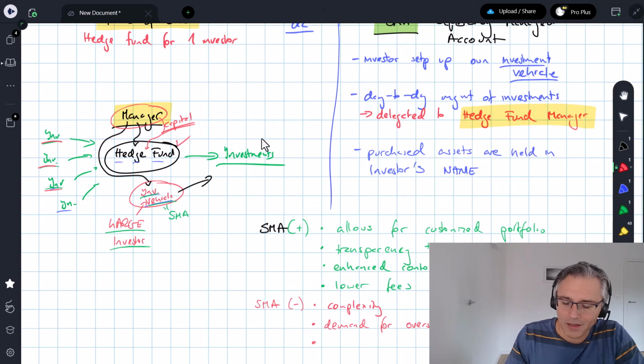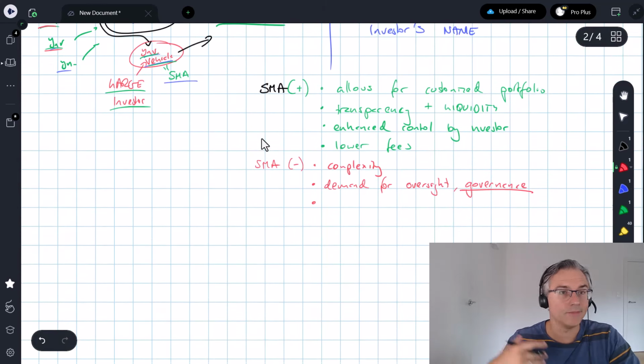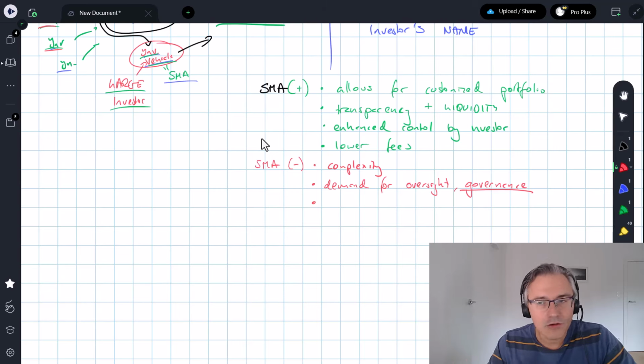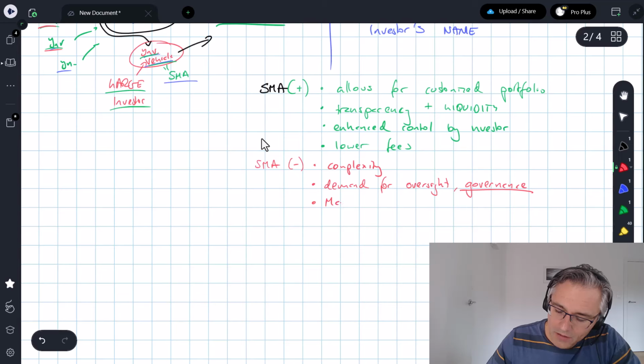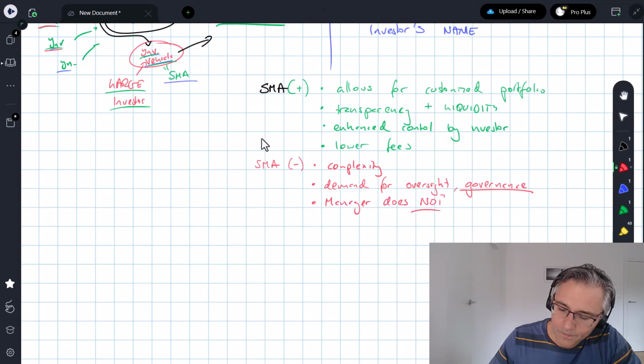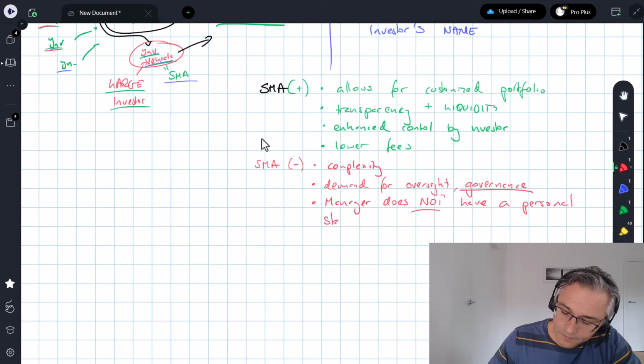But the hedge fund manager doesn't contribute their own personal wealth into the SMA, that's a separately managed account. And this is where the governance issues or conflict of interest issues come into play, because the manager does not have a personal private stake in the SMA.